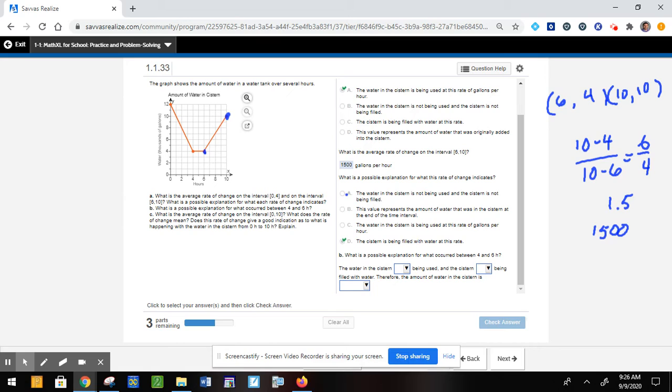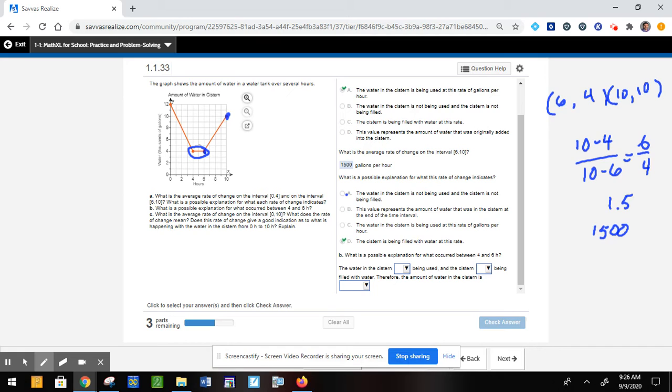All right, part B. What is a possible explanation for what occurred between 4 and 6? If I go back and look, between 4 and 6, it's flat. Without looking at the question yet, my thought would be that it's just not being used.